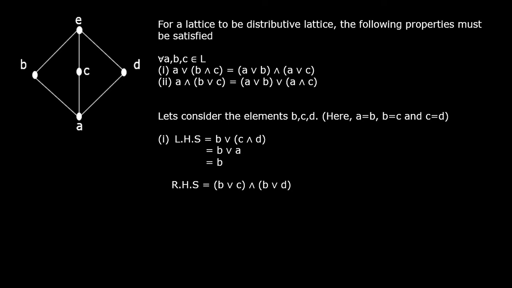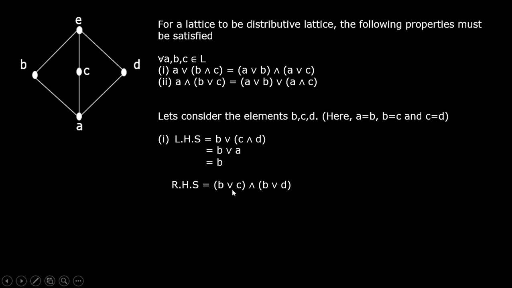Now for the RHS, what is RHS? RHS is equal to (B or C) and (B or D). First of all I will process this particular parenthesis, that is B or C. What does B or C mean?